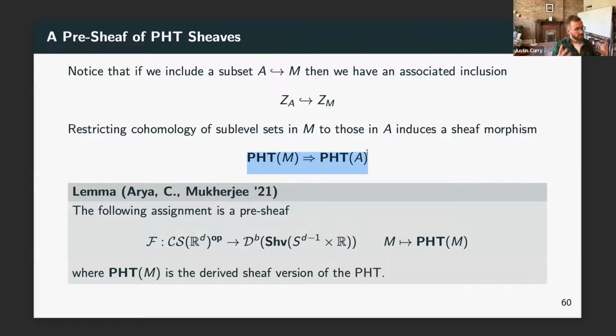The first observation was that this defines a presheaf on the poset of constructible subsets and their inclusions. Of course, because we're using cohomology, things become order reversing. But now the data object that we're assigning is this sheaf that keeps track of cohomology in all degrees, which we think of as the derived PHT.